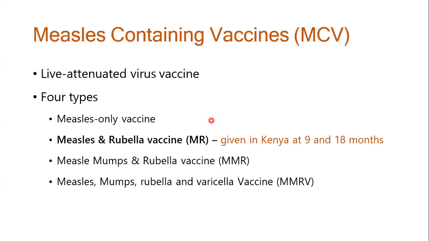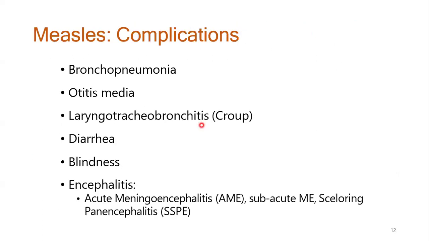And then complications, as we had said, so the rare one, but fatal, subacute sclerosing panencephalitis. Others, we had blindness, otitis media, diarrhea, acute encephalitis, bronchopneumonia, okay?